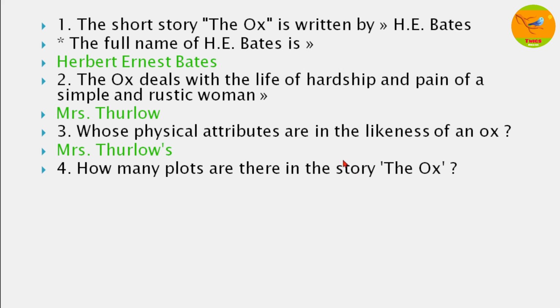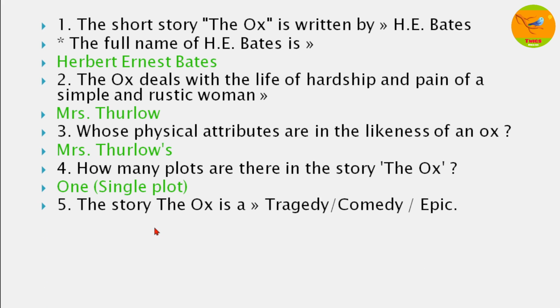Generally, in a short story, the number of plot is one, but I have omitted this. In the story The Ox, you will have to tell me how many plots there are. Actually, there is a single plot. This is a one plot story.